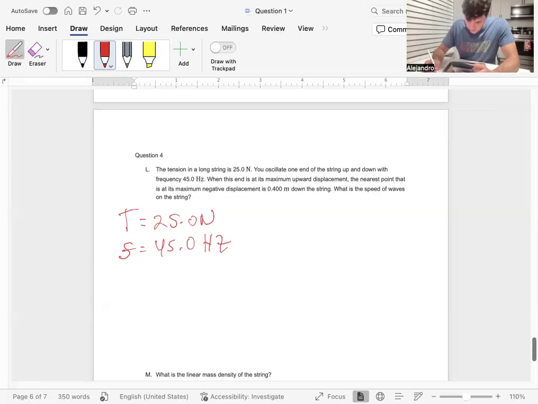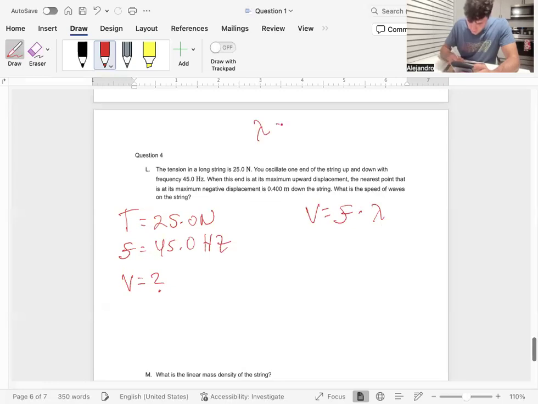What is the speed of wave on the string? Okay, we need to find the speed of waves. That will be given by the formula.